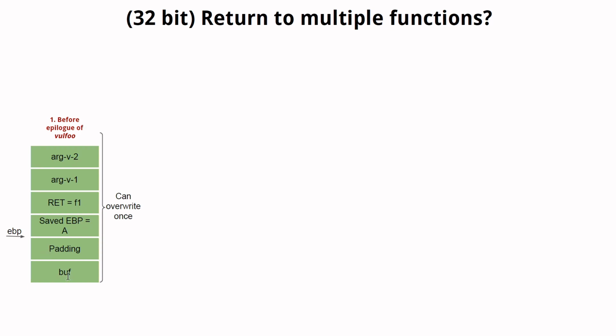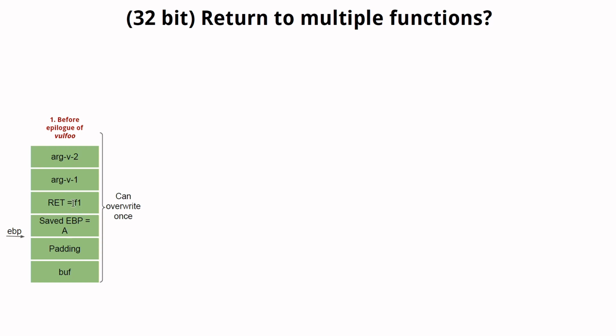At the bottom, there is a buffer, and between the buffer and the saved EBP, there is some room. Then there is the saved EBP, and before this returns, the EBP register points to the saved EBP, and now we have a return address.